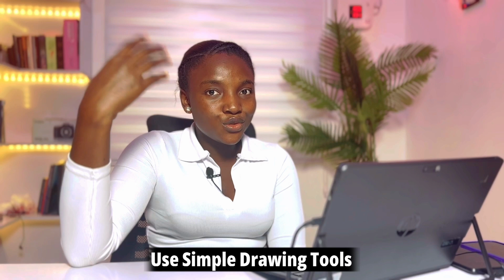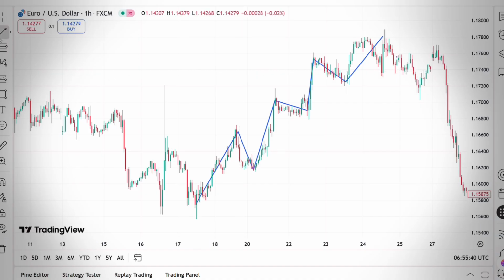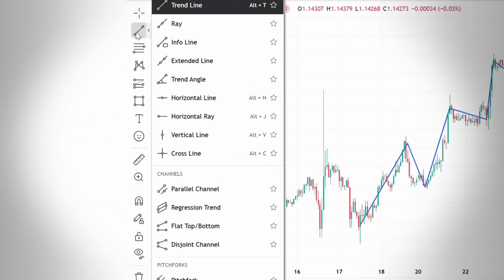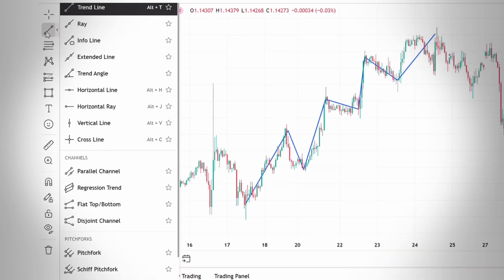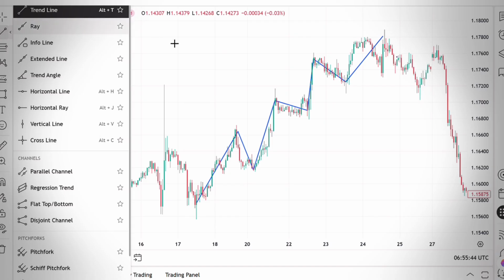Now, the next thing is a simple drawing tool, which you can find on TradingView or MetaTrader 4 and 5, and on some of the platforms that your brokers offer. In your simple drawing tool, what you need are horizontal lines to identify support and resistance, to map them out. You also need trend lines to mark structure, and a notepad or journal to track your thoughts and trades.